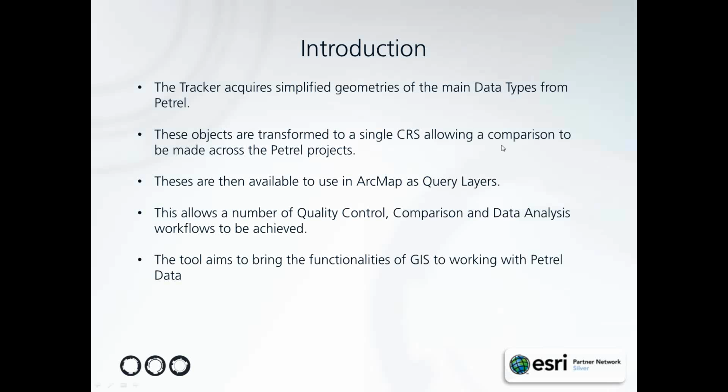Once this is done, we can then add them into ArcMap as query layers, and these layers come in as a query, but they behave like any other object in Arc. So this allows us to make a number of quality control, comparison, and analysis workflows using our Petrel data with respect to other layers that we have. And the idea is that we want to bring the functionalities of GIS to working with your Petrel data.